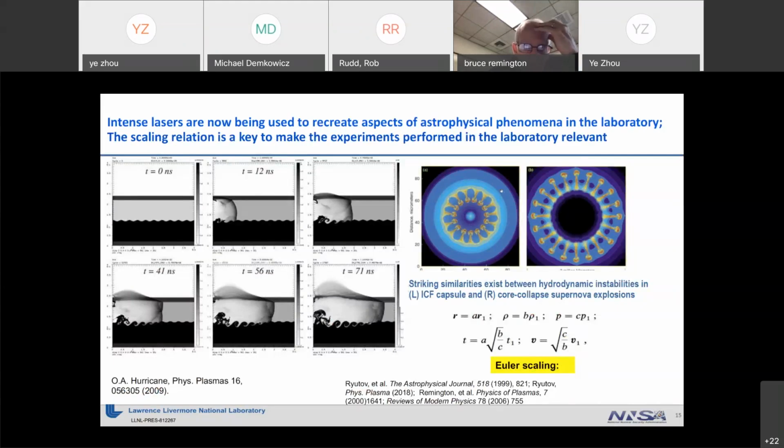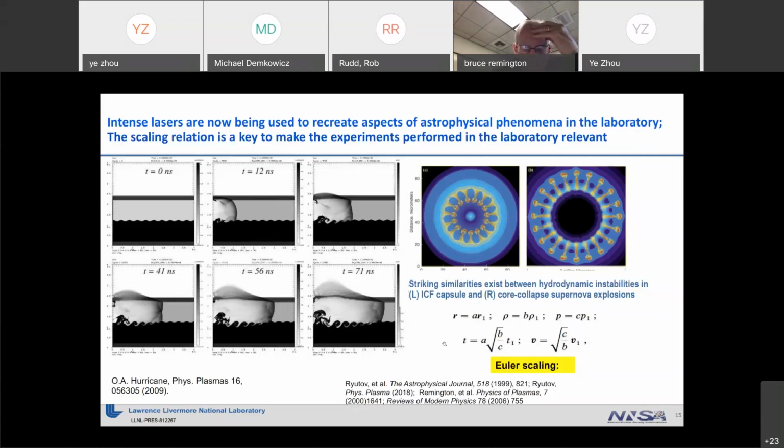And this image here is for the hydrodynamic implosion experiment, where you can see similar kinds of structures. You can reproduce the effect in laboratory settings, and the way to make the connection is through this kind of rescaling process. My colleague, Bruce, made an important contribution to this.